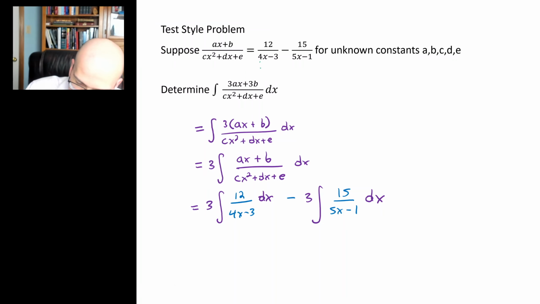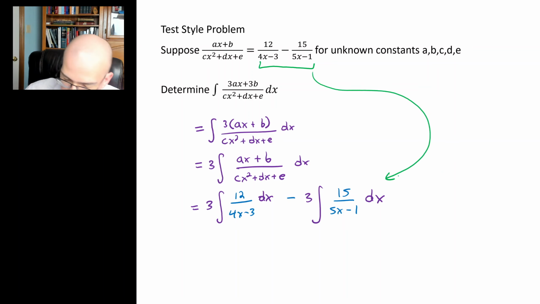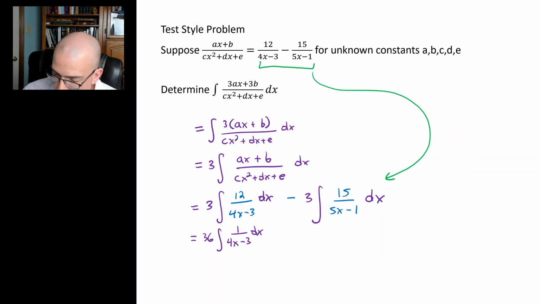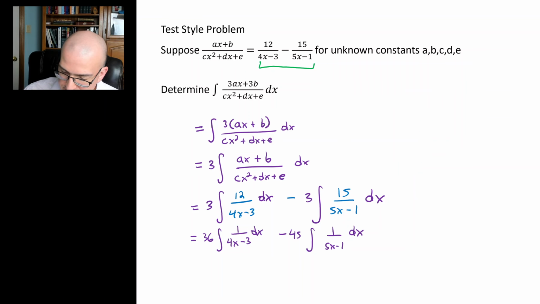So I'm using this statement here. I'm going to simplify each of these. I'm going to take the 12 and put it out front, so we have a 36 integral of 1 over (4x - 3) minus 45 integral of 1 over (5x - 1). And then I'm going to do those integrals off to the side.